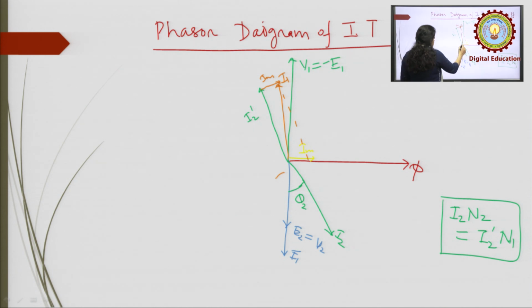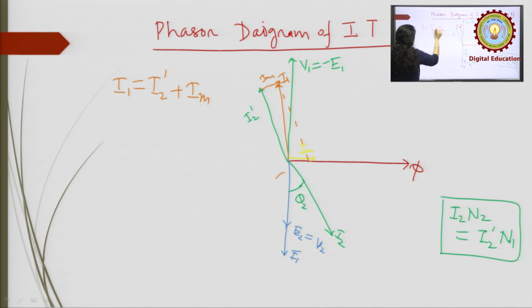Like if I2 is close to this V2, this I2 dash will move more to this side and I1 will become lagging with this voltage V1. Similarly, I1 is equal to I2 dash plus Im. So, now this is the total current which is flowing in the primary side.